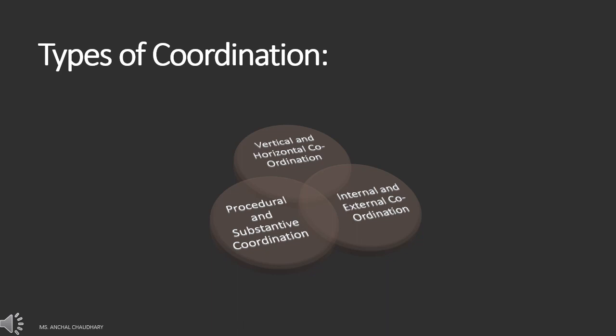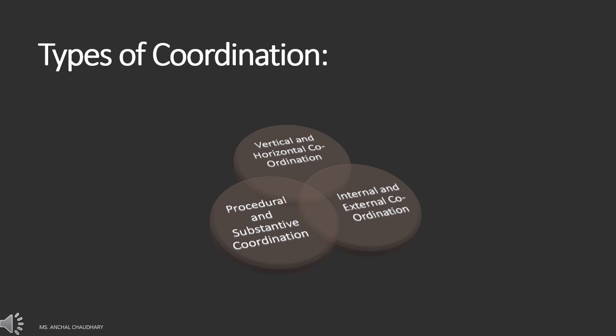Whereas when a coordination takes place between an organization and its external environment, that is your external coordination. Here external factors include market, consumers, investors, suppliers, competitors, etc. These all are your external environment.